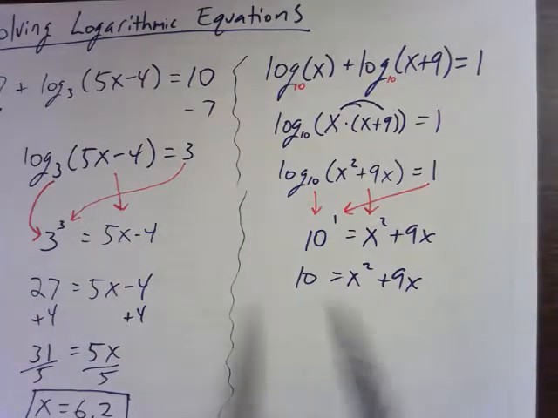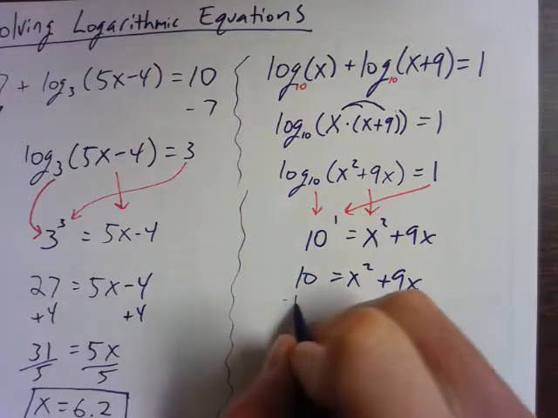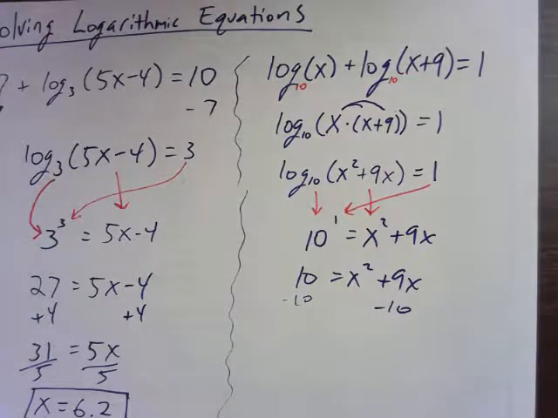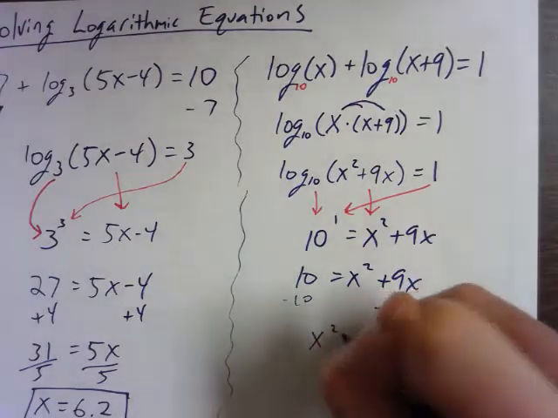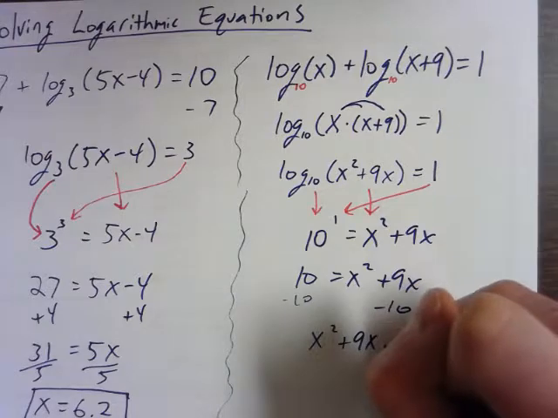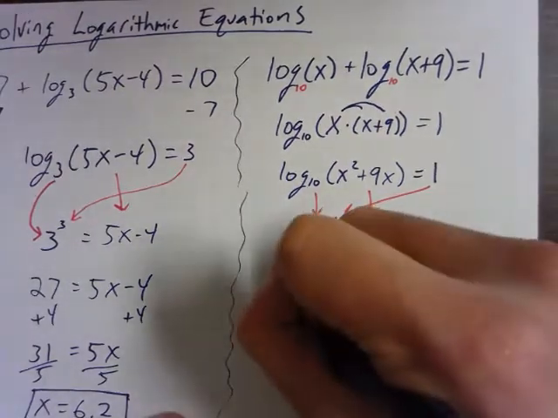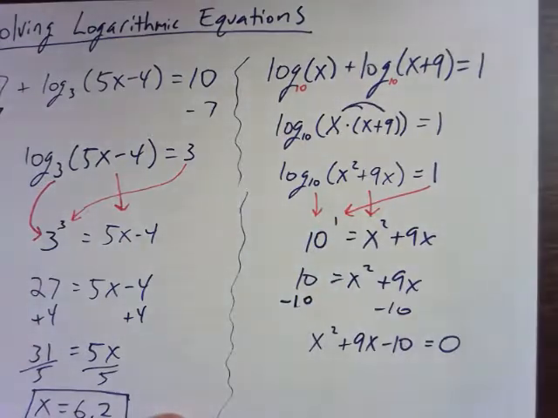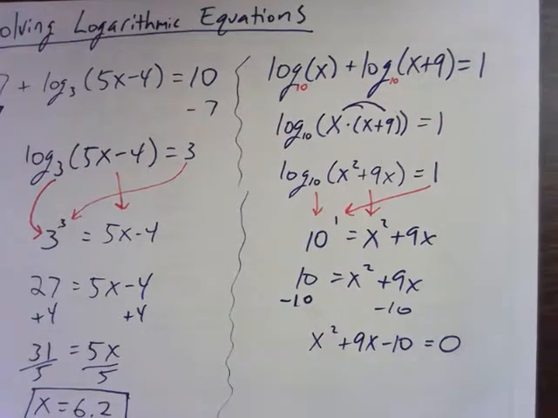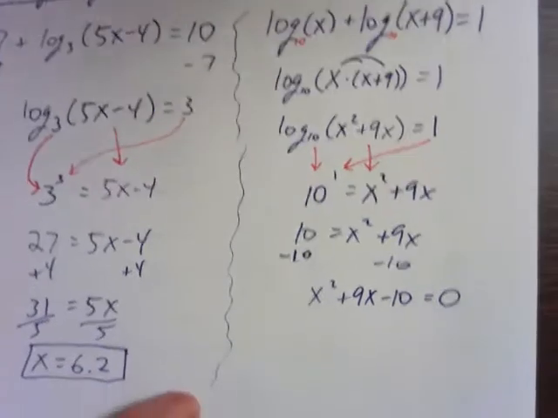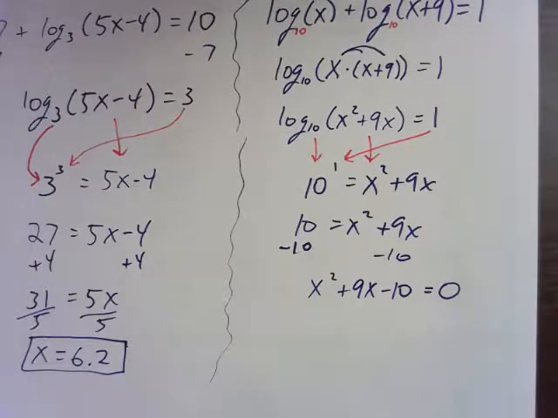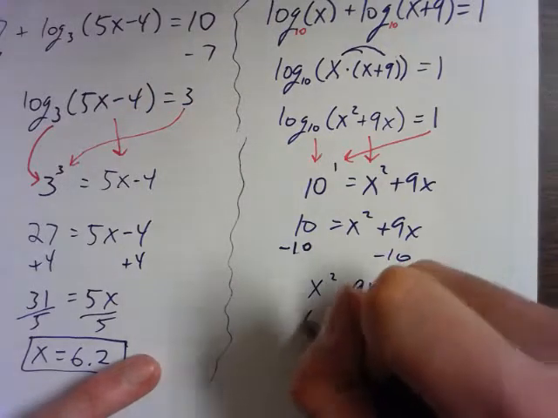And I can see that this is going to form some sort of quadratic. So if I want to solve a quadratic, I need to set it equal to 0. So I'll subtract 10 from both sides, and so I will have x squared plus 9x minus 10 equals 0. Now, there are a few different ways you can solve quadratics. The easiest way is to see if you can factor it.